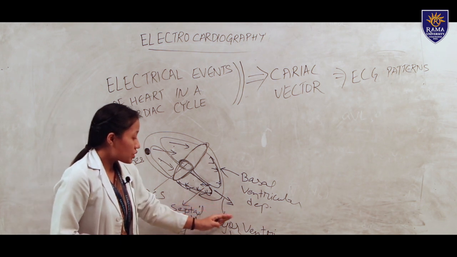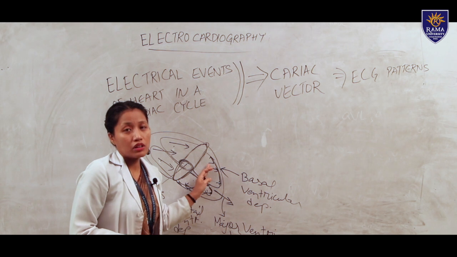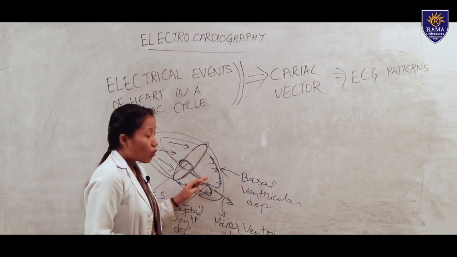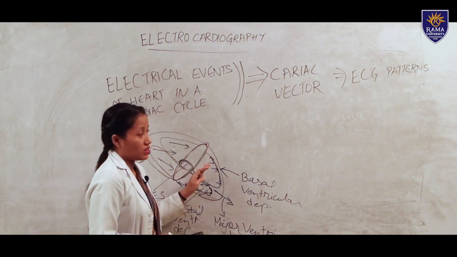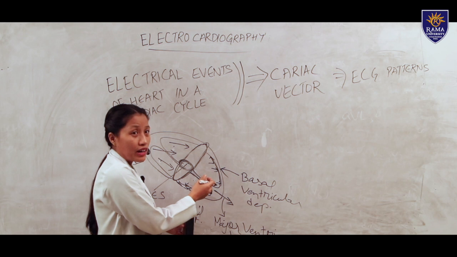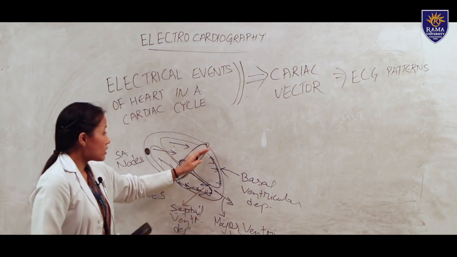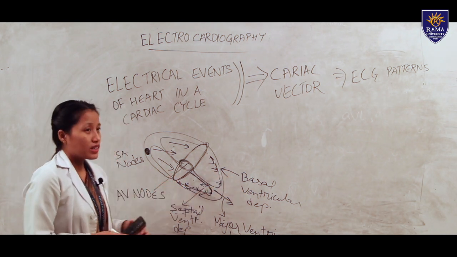After the major ventricular depolarization, it goes to the basal ventricular depolarization. In the basal ventricular depolarization, all the basal part of the ventricle will be depolarized. It goes in an upward and rightward direction. This is after the occurrence of the ventricular depolarization.